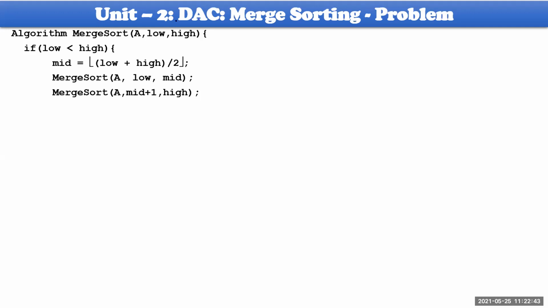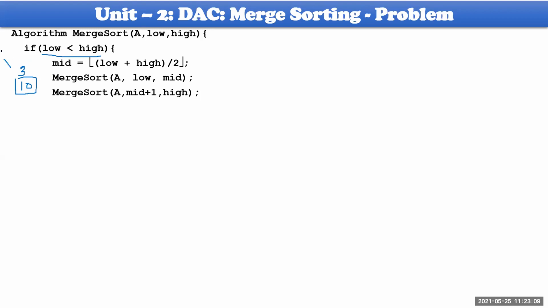1 is less than 1, false. 2 is less than 2, false. 6 is less than 6, false. I'm talking about this particular condition. If you consider one particular sublist which has only one element, for example, list index value is 3 and here it is 10, you send this particular sublist to merge sort. What is the low value and what is the high value?